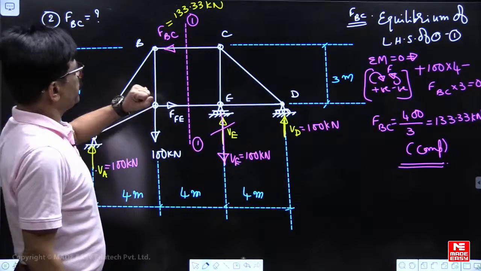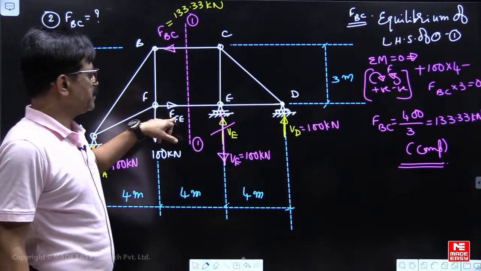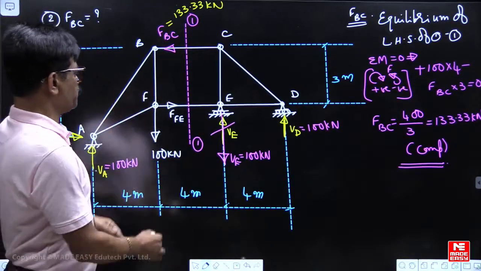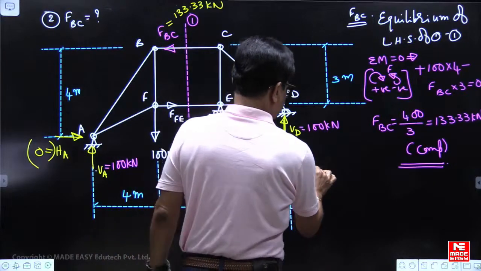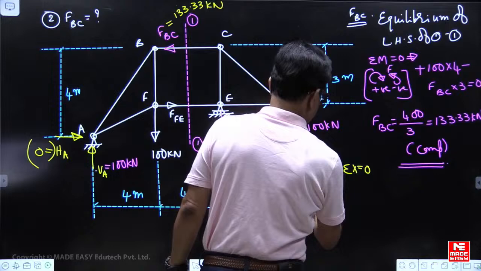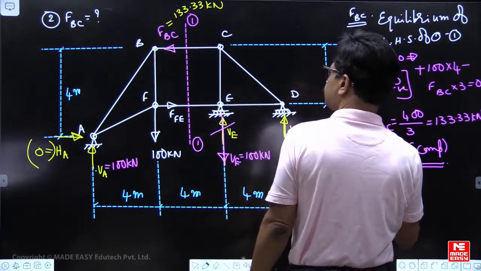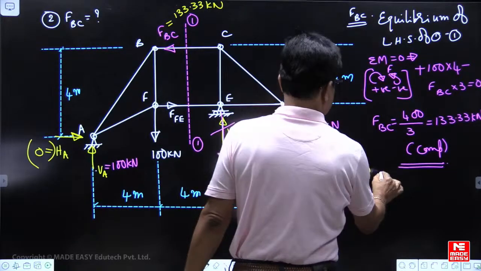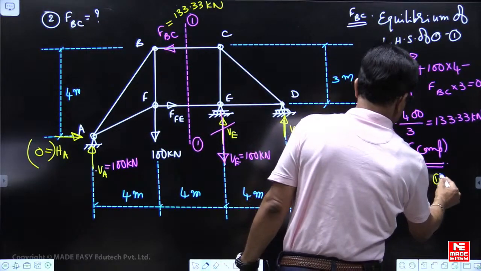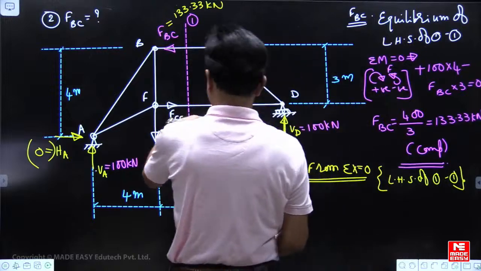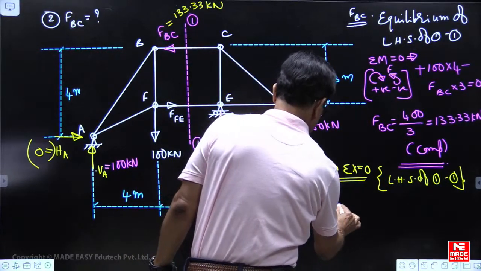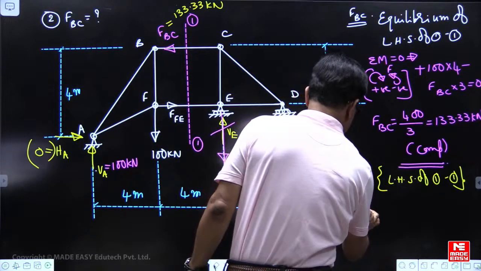Supposing that if at all you are asked to find the force in the member EF, let us say, then after finding this one, I can find from sigma x is equal to 0, FFE will be, from sigma x is equal to 0, this is again LHS of 1 1, FFE must be equal to 133.33.